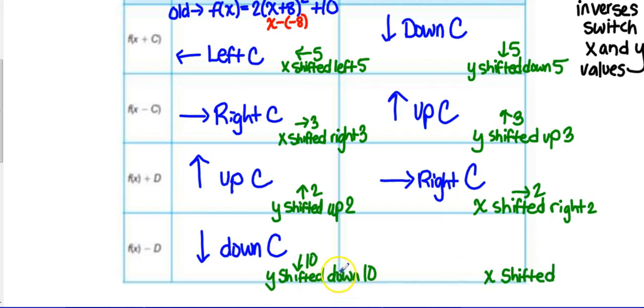Well, down is headed in the negative direction. So if I'm now discussing x, negative would mean going left 10. In general, to summarize that conclusion, for my inverse, that would be left by a factor of c.